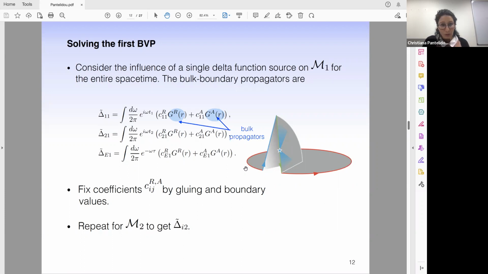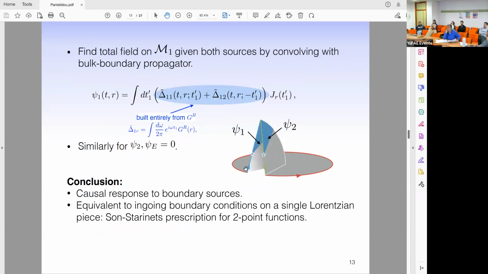And if we do all that, then we can go and compute the total field on each of the segments. So for example, if we want to compute the total field on segment 1, what we need to do is we need to have delta 11 J1 plus delta 12 J2. So we convolve the bulk to boundary propagators with the sources.